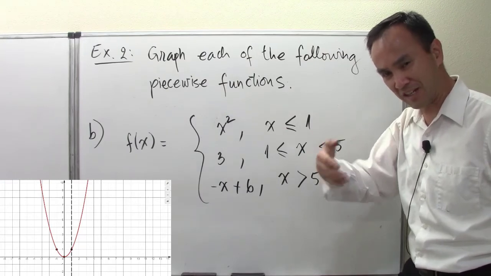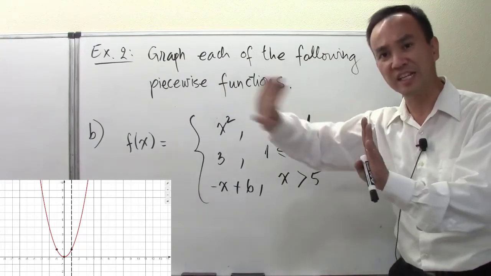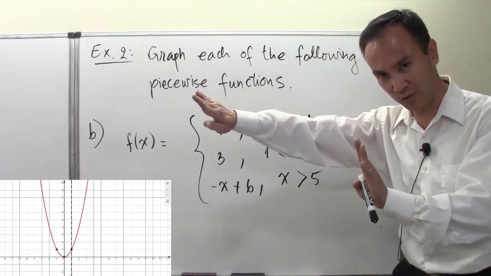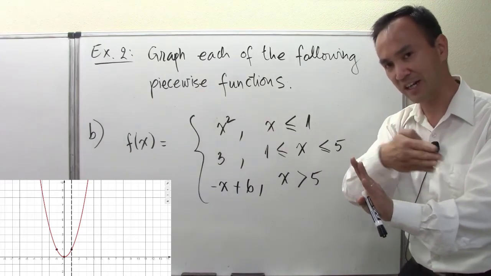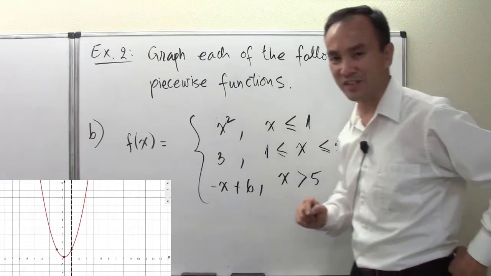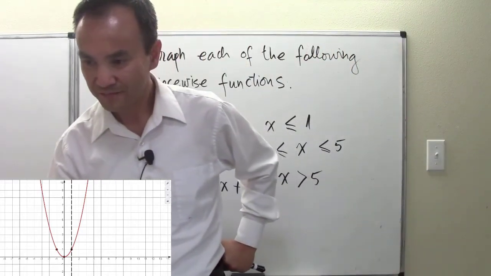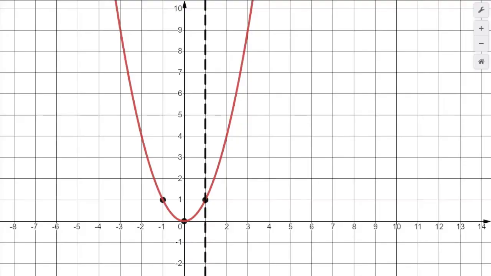So that means I am going to erase everything to the right-hand side of x equals 1 and only retain the part that's to the left. Back on the graph, I'm going to keep only the parts that stay to the left-hand side, just like that.